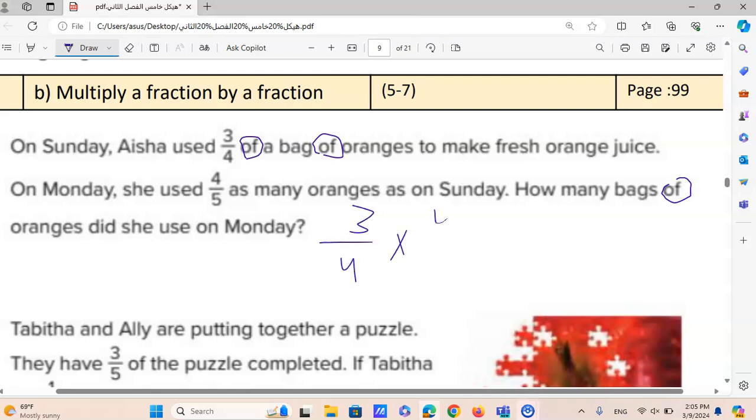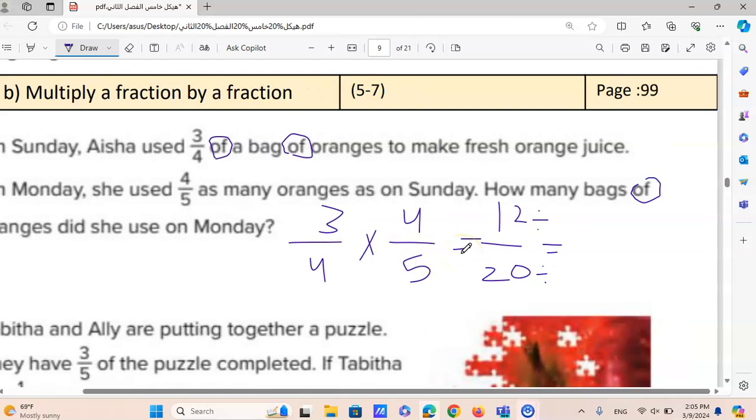3/4 times 4/5 equals 12 over 20. But there is something important you have to learn. We can simplify to find a simple equivalent fraction. You can find an equivalent fraction by division. What's the common factor by which you can divide 12 and 20?